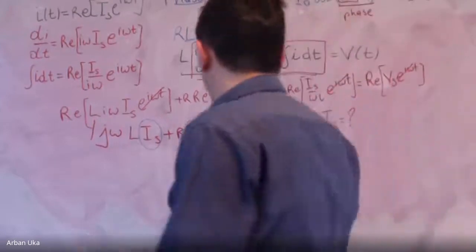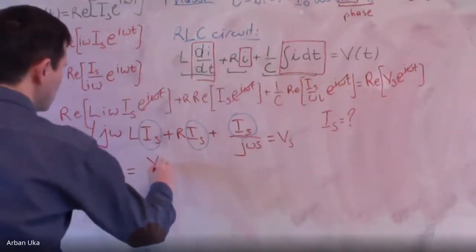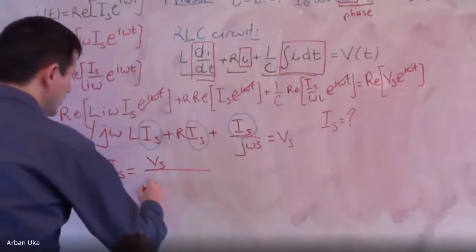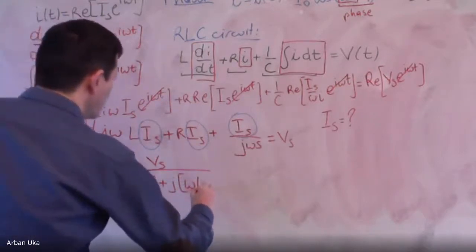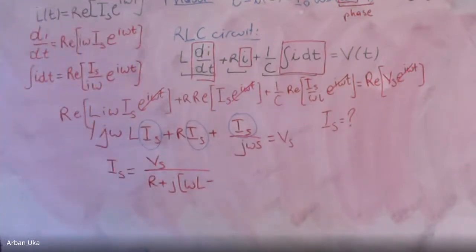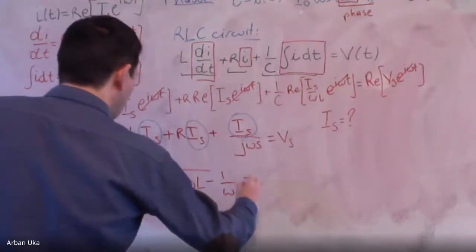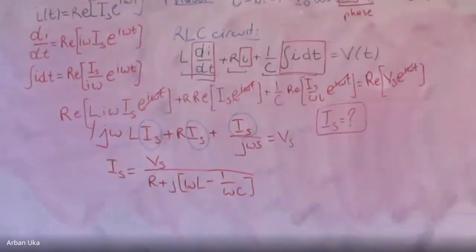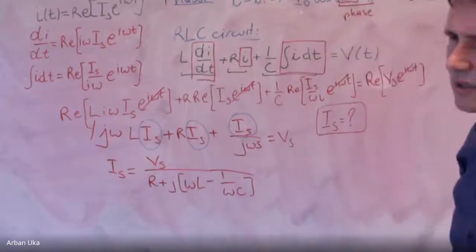We just say that Is is equal to the phasor of the potential divided by R plus j, and here we have omega L minus 1 over omega C. So we got this answer: this is the phasor of the potential, and this is the phasor of the current in the RLC circuit.